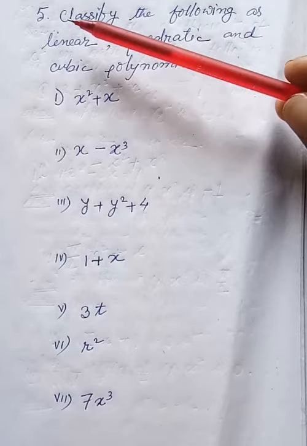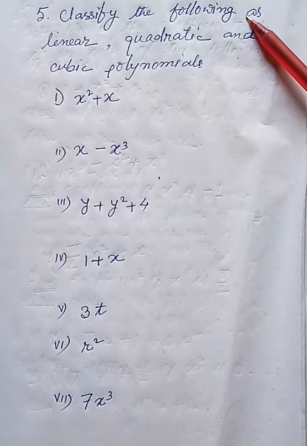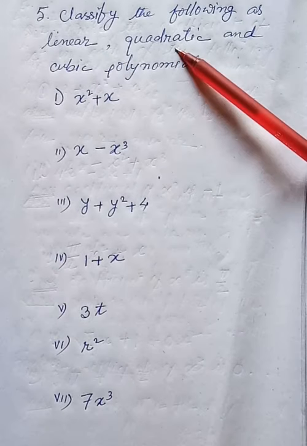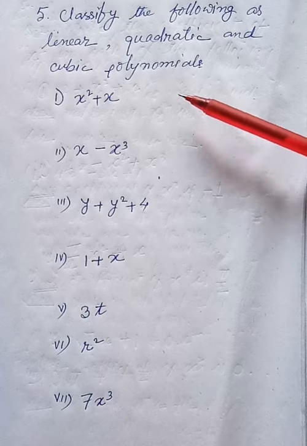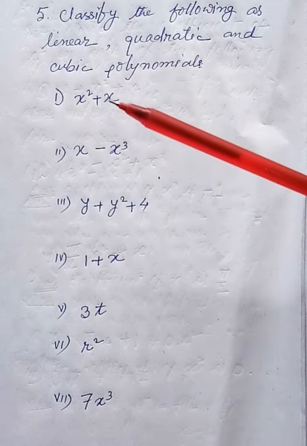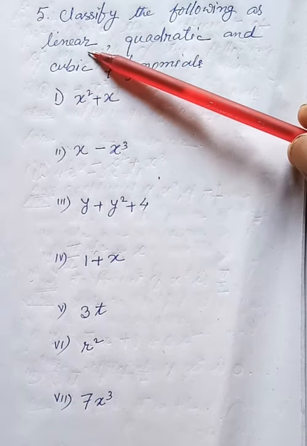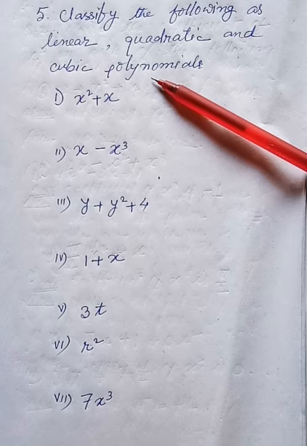Now come to question number 5. Classify the following as linear, quadratic and cubic polynomial. That means here many polynomials are given. You have to identify whether it is a linear polynomial or quadratic polynomial or cubic polynomial.